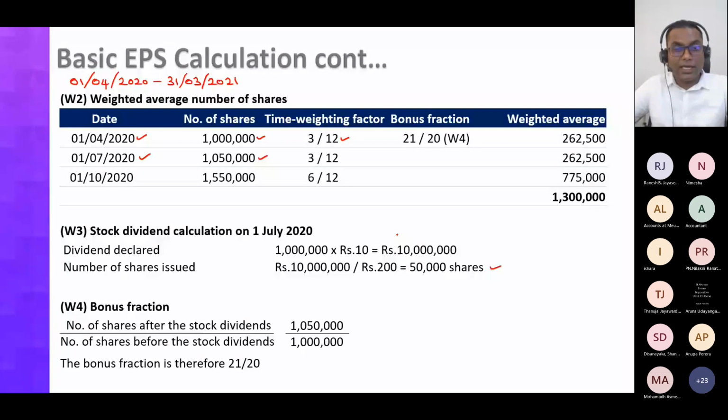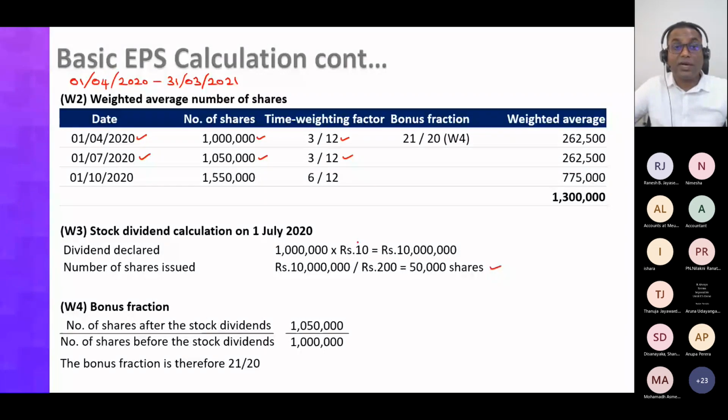Then it was at the 1,050,000 level up until the next share issue for cash on 1st October 2020, because on 1st October 2020 there's a share issue for cash, 500,000 shares issued for cash. So from 1st July 2020 to 30th September 2020, for a 3 months period, 3 upon 12, the number of shares is at the level of 1,050,000 shares for 3 months.